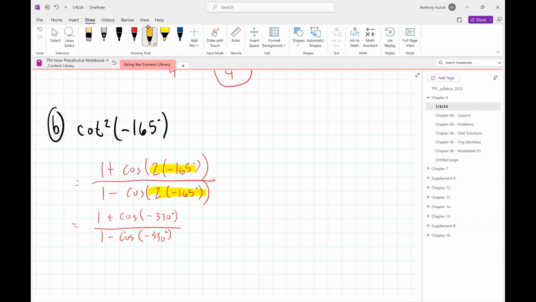Let's find an angle that's coterminal to it by adding or subtracting 360. What should I be doing here, adding or subtracting? Adding, because I want to get a positive angle so it lands on the unit circle. So I'm just going to add 360 to that.